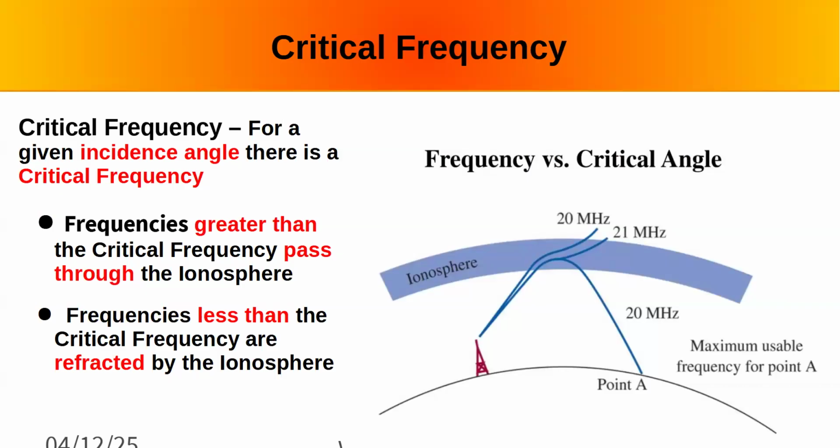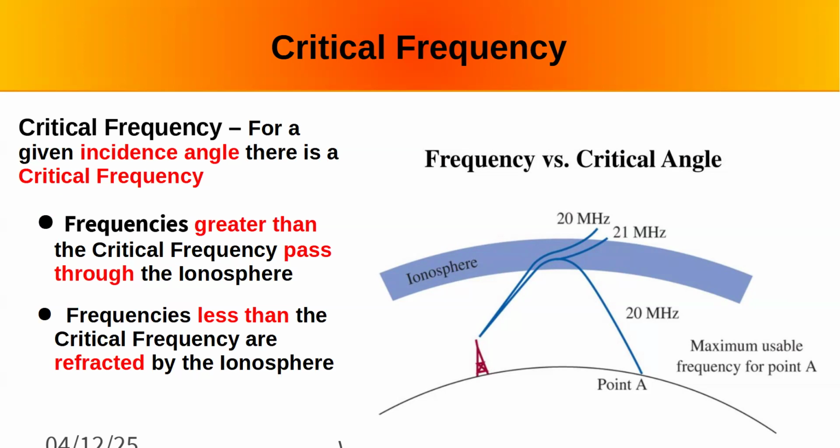Okay, critical frequency. For any given incident angle or takeoff angle, there's a critical frequency where it refracts. So once again, if the frequency is higher than the critical frequency, it's going to pass through or not be refracted enough to make it back.